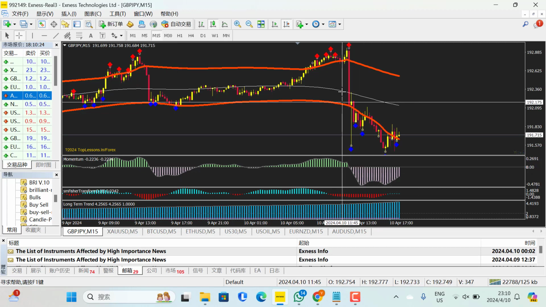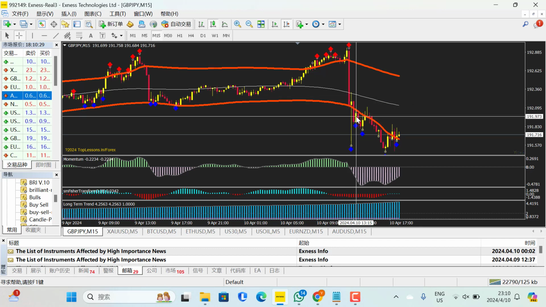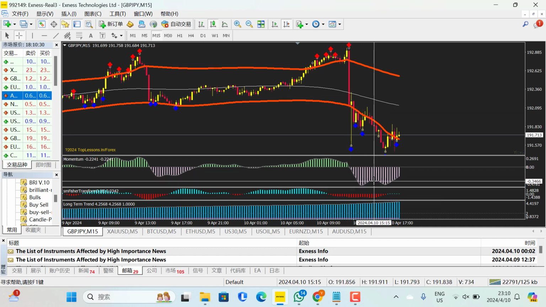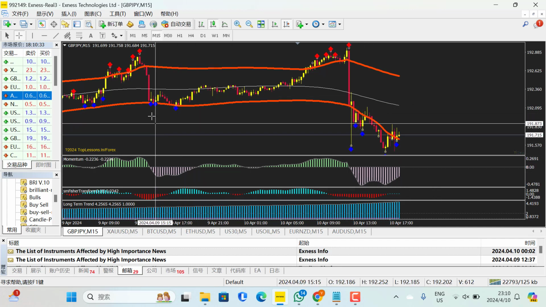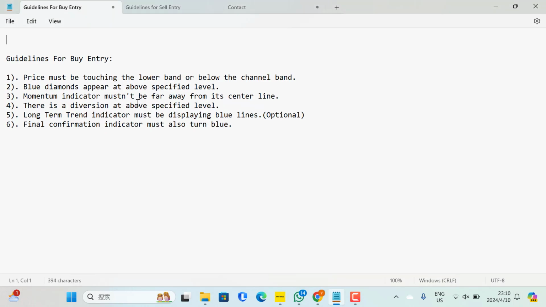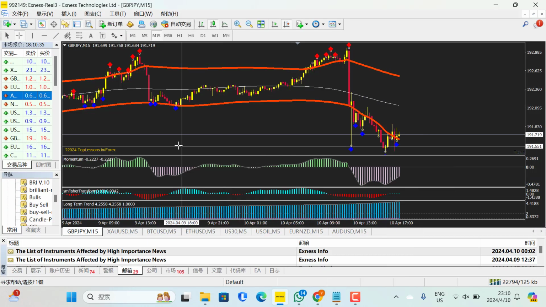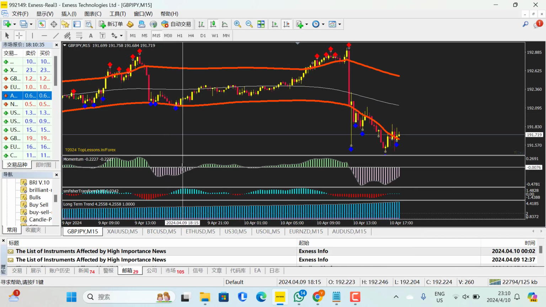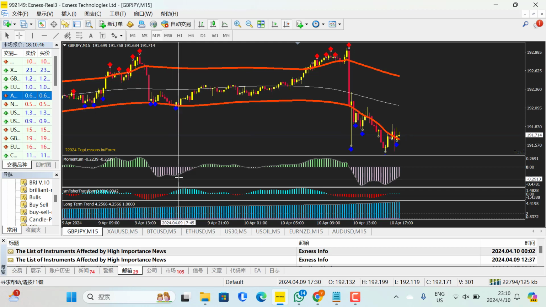Like you can see that this is far away from the center line, meaning price is moving really fast in the downward direction. And for this entry, our third condition is that the momentum indicator must not be far away from its center line. You can see that this is the center line, and for this candle it is not far away from the center line.